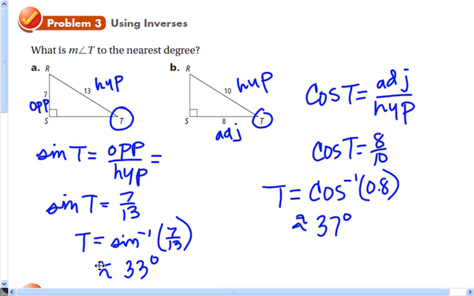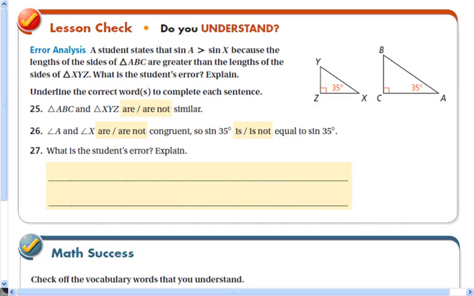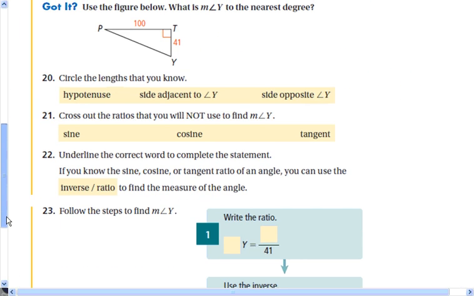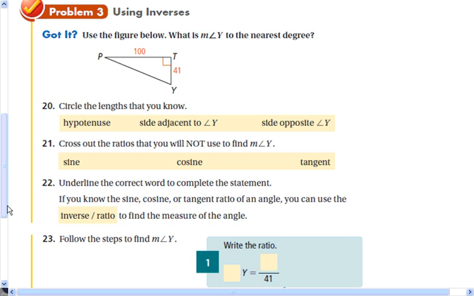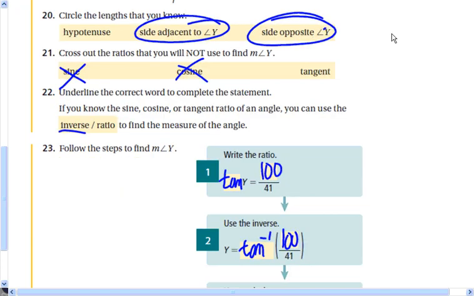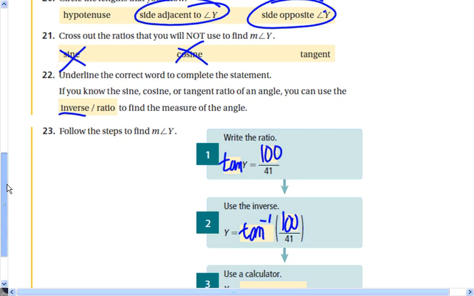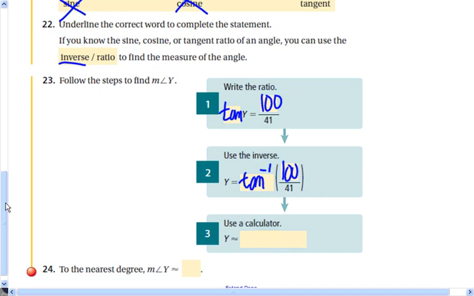All right, go ahead, you try it, and you can check back with your answers. Here are your answers, and if you use the calculator correctly, it comes out 82 point a bunch of decimals, but if we round to the nearest degree, we get about 82 degrees.